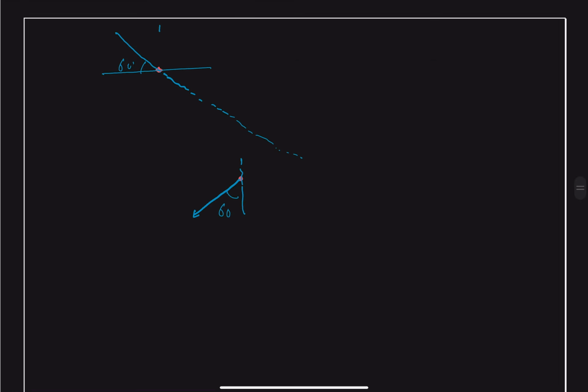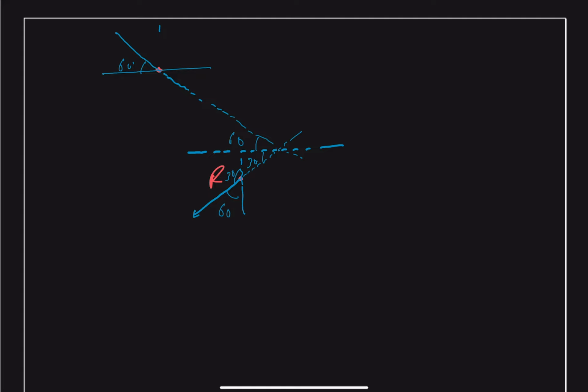If we extend it backward like this and draw a parallel line here, we are going to get this angle equal to 60, and this will be our 30. Accordingly this angle will also be 30.